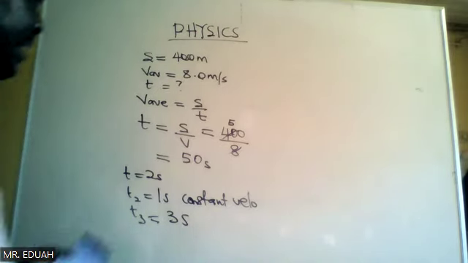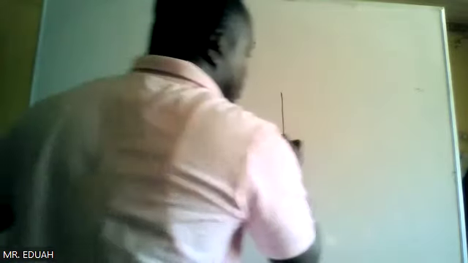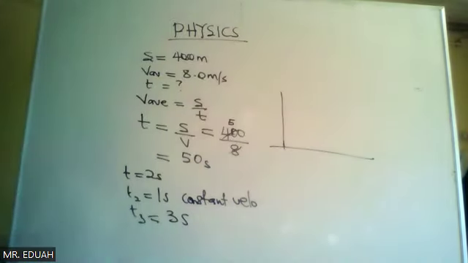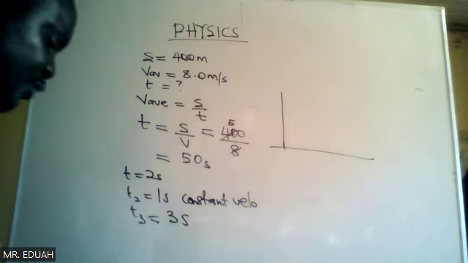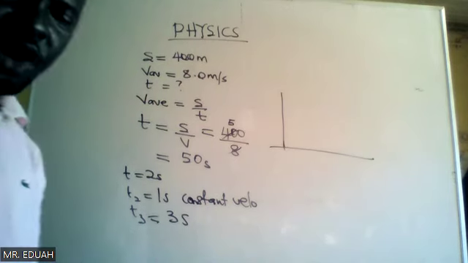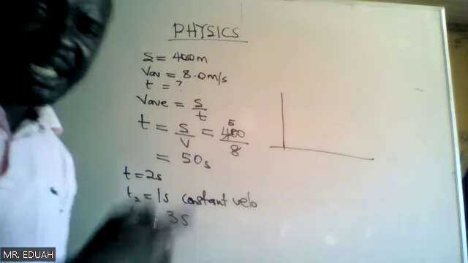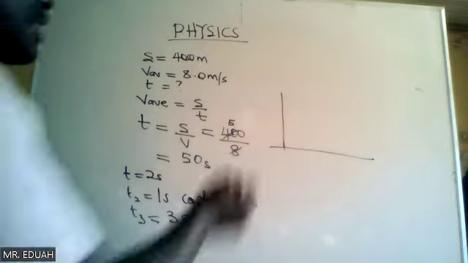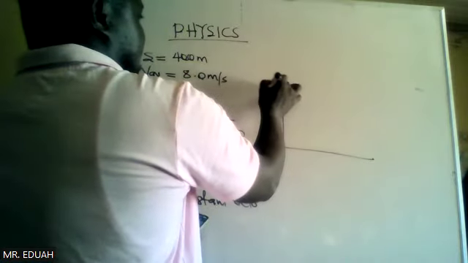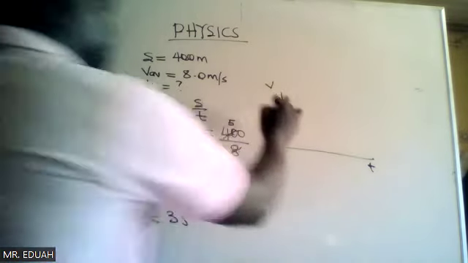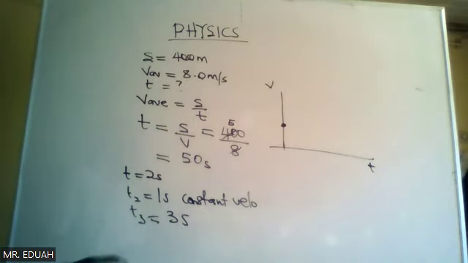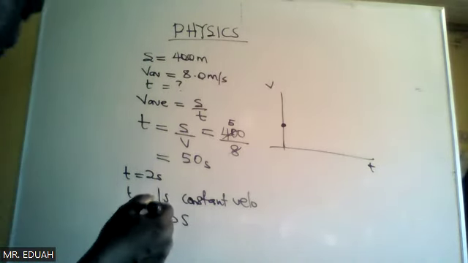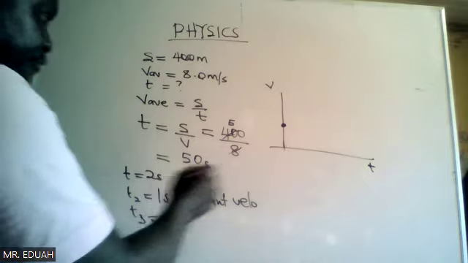But if we are to sketch such a motion, whether the body starts from rest or not, none of the 4 graphs indicates that the body starts from rest. So even when I start from an initial velocity x meters per second, I'm told that it accelerates uniformly for 2 seconds.